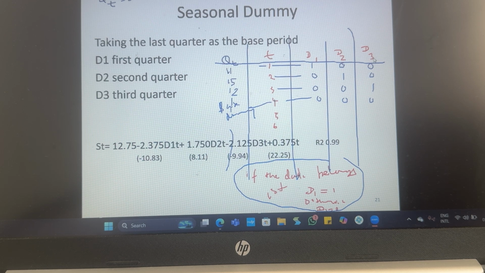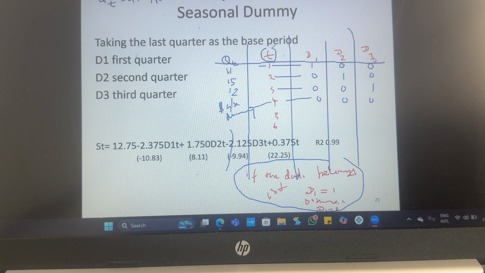So the equation looks like: a plus b1 D1, b2 D2, b3 D3, plus b4 T, where T is the actual time variable.